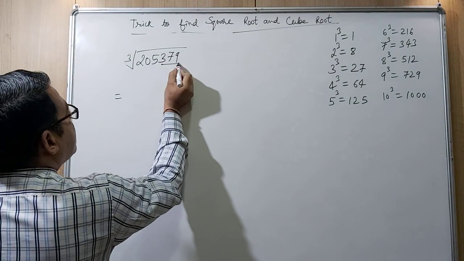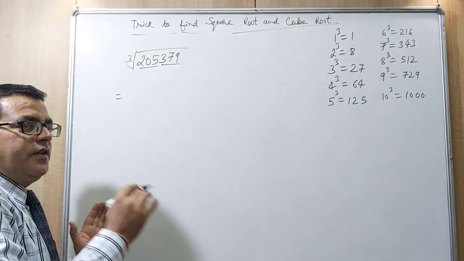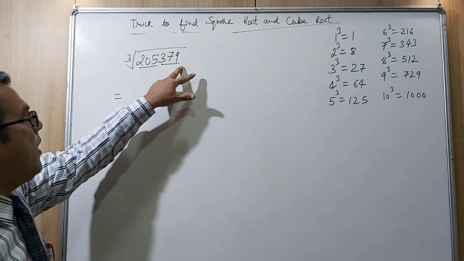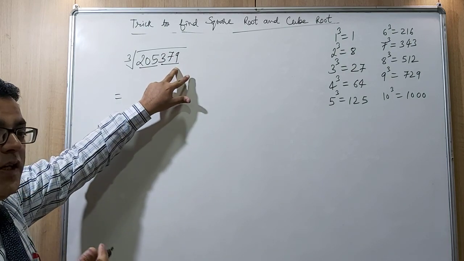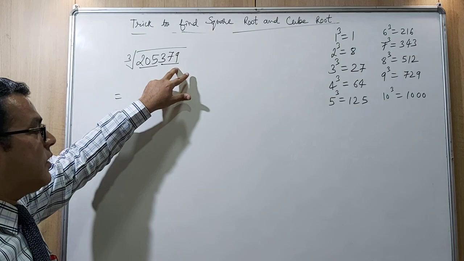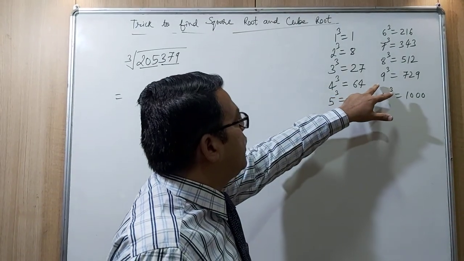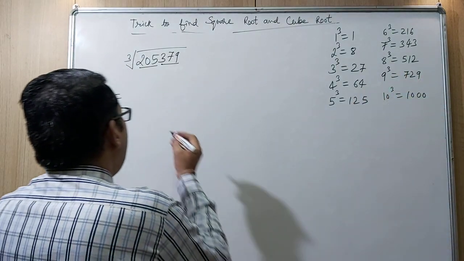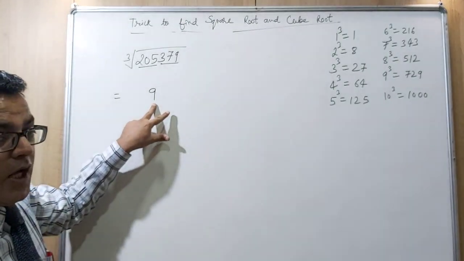So this is the first group and this is the second group. We have to take groups of 3 digits only. So 379, the last digit is 9 here. First we need to find whose cube gives us 9 as a unit digit. You can see the cube of 9 gives us 9 as the unit place. So our answer's unit place should be 9.